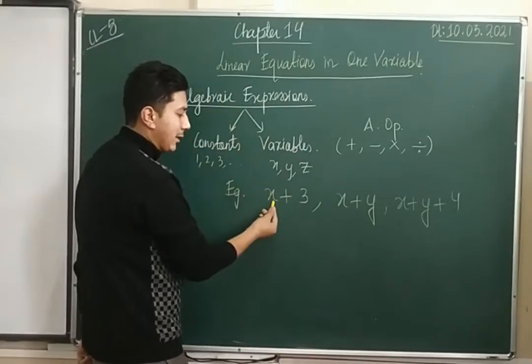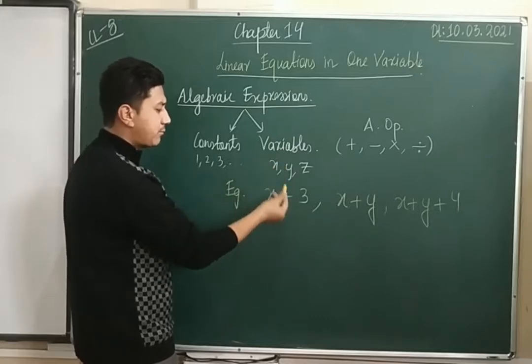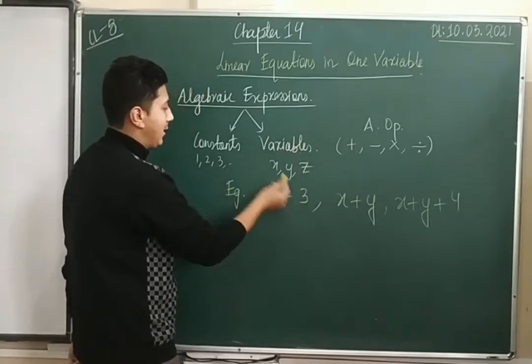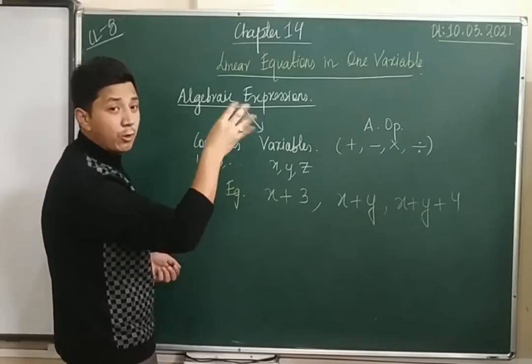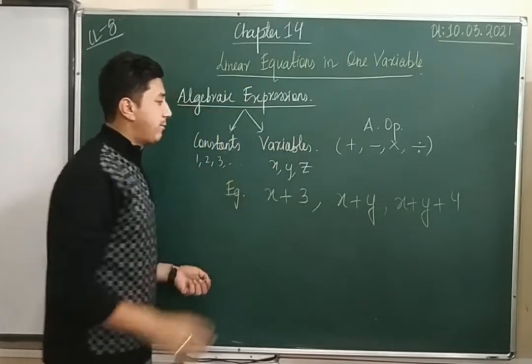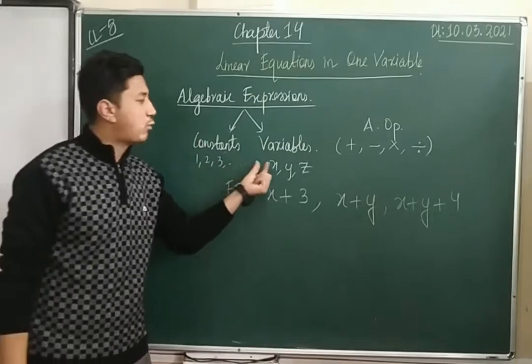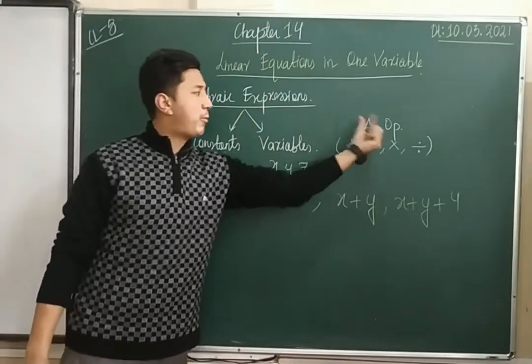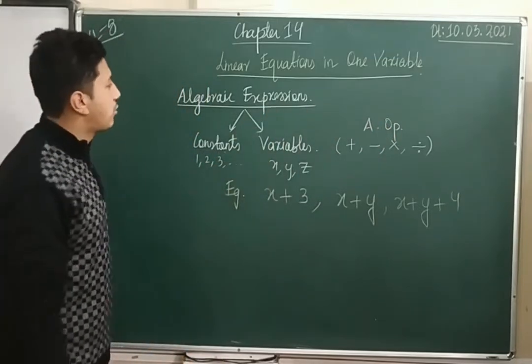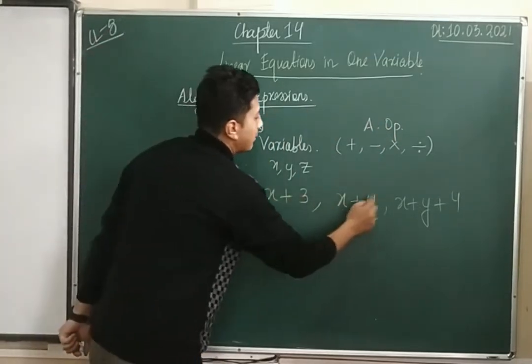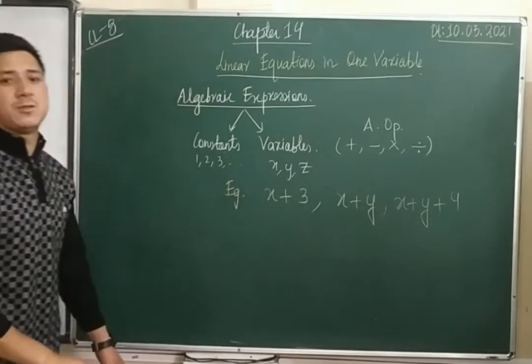Because they contain variables, algebraic operations and constants. Constants are 1, 2, 3, 4, all the numbers. Variables means the alphabets x, y, z, and algebraic operations means plus, minus, multiplication, division and so on.